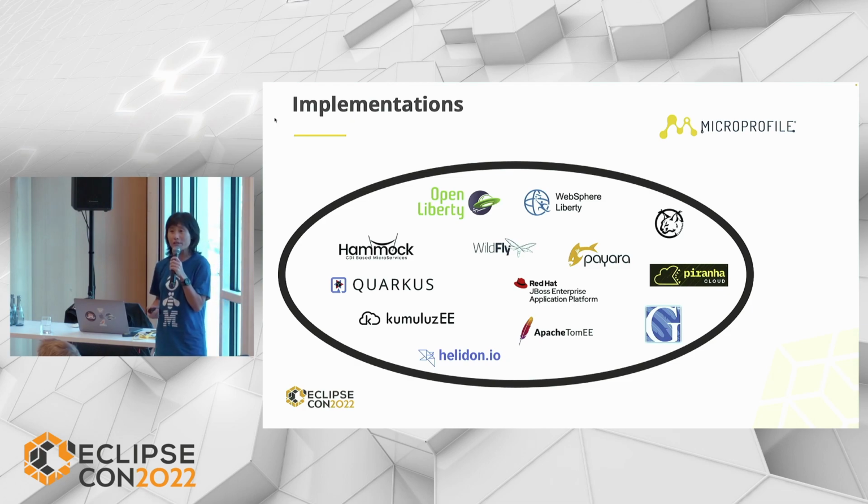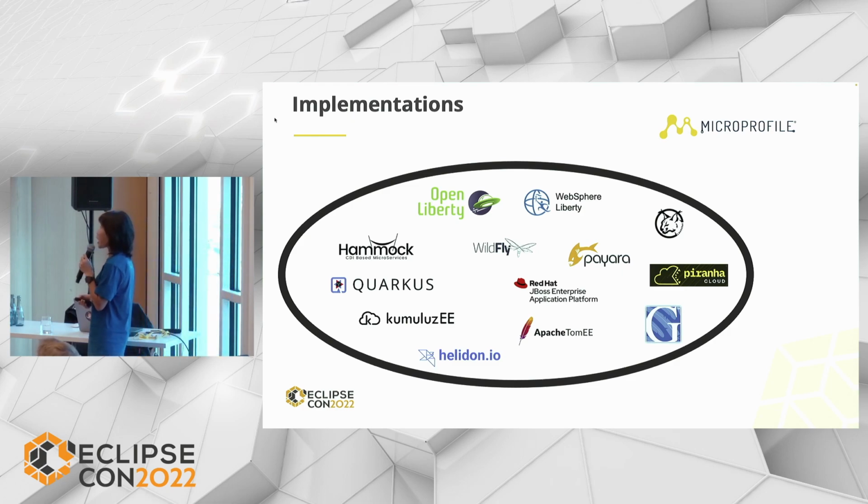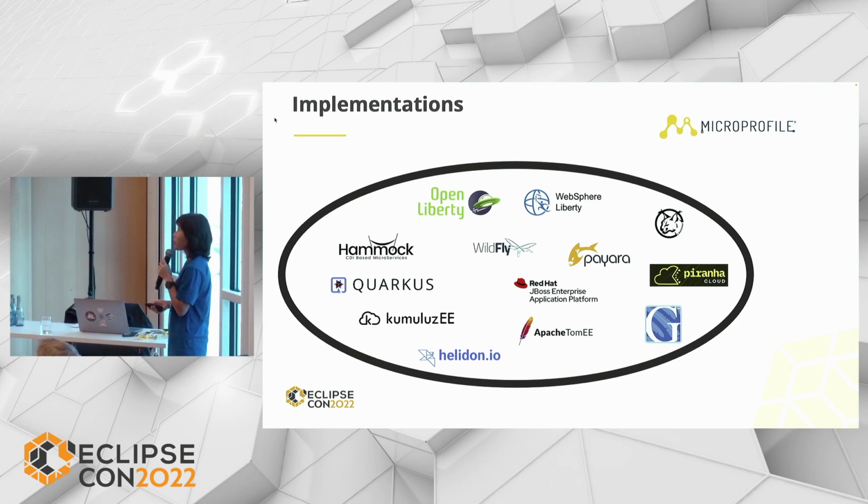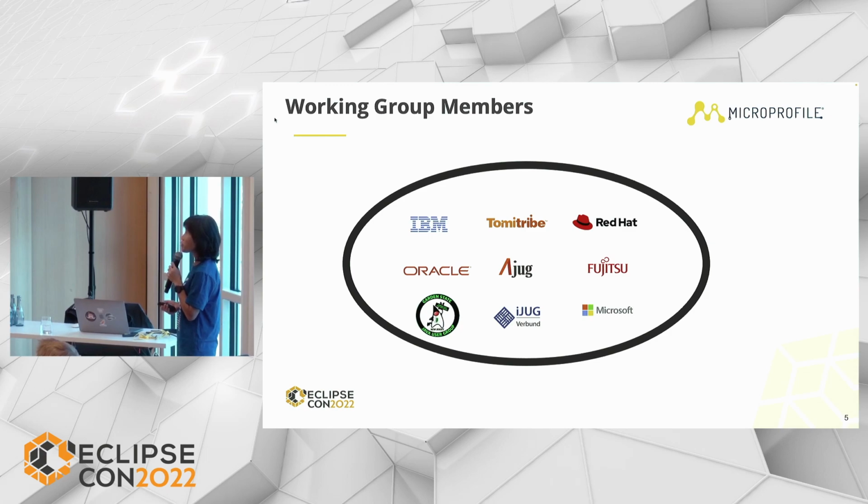Payara, anybody? Okay. Launcher, Fujitsu? Okay, great. There's also Helidon from Oracle, TomEE, and also a new runtime, Piranha, and Apache Geronimo. So you can see there are quite a few implementations for you to choose from.